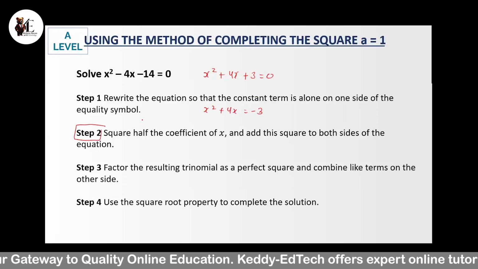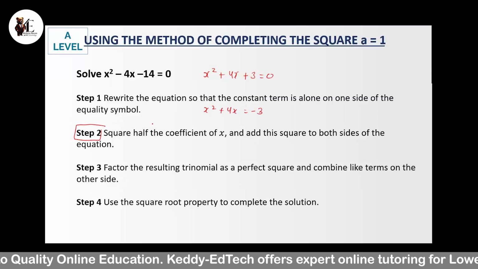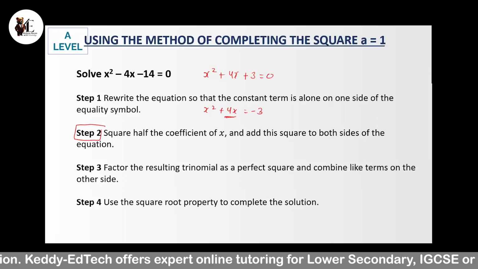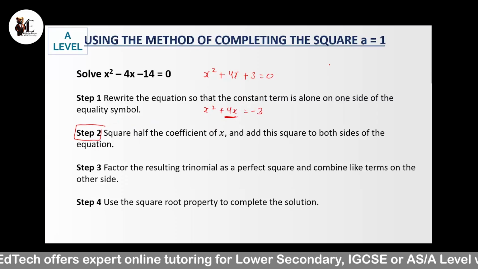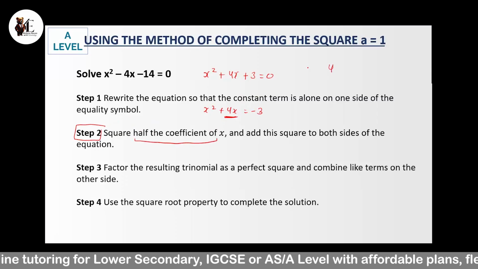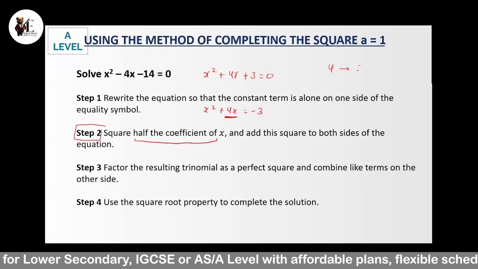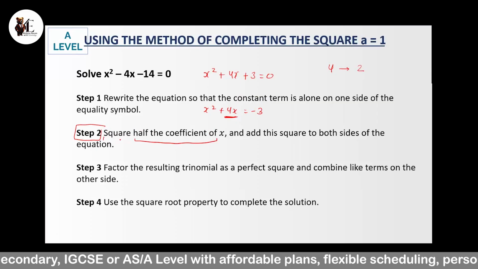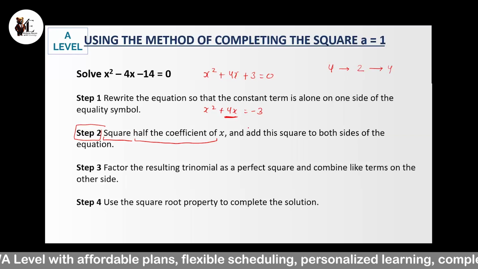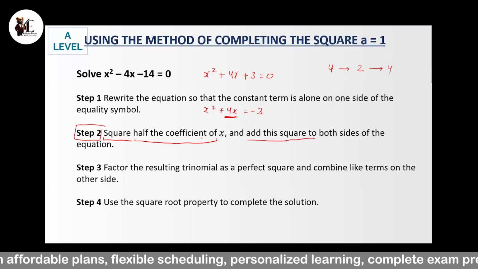You have to do multiple things in the second step. Firstly, find the coefficient of x. So coefficient of x is 4. Then do half of the coefficient of x. So half of 4 will be 2. Then do the square of it. So square of 2 is 4. And then you have to add this square to both sides.